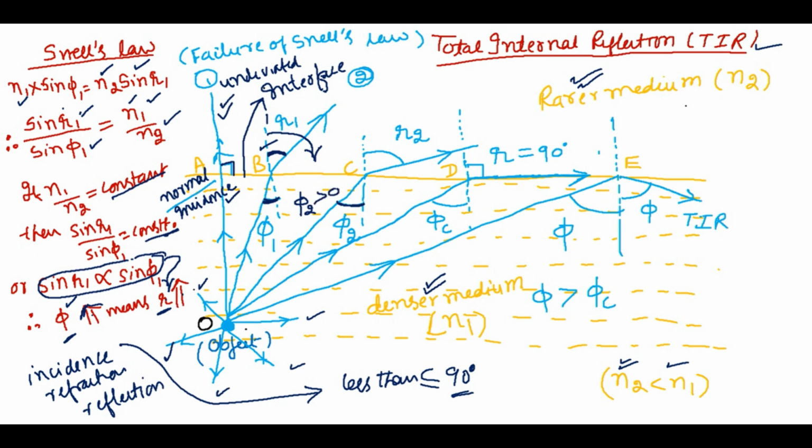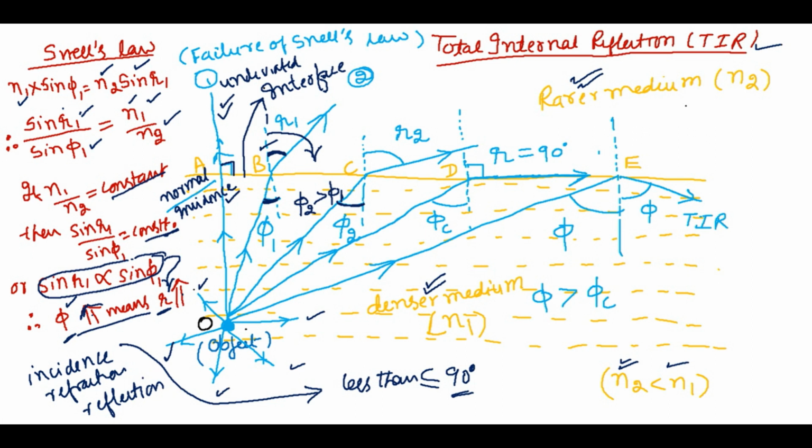So it means phi has increased. If I remember this conclusion, with increase in phi, r will also increase. It means when this ray comes out of water, it will bend more toward the surface.